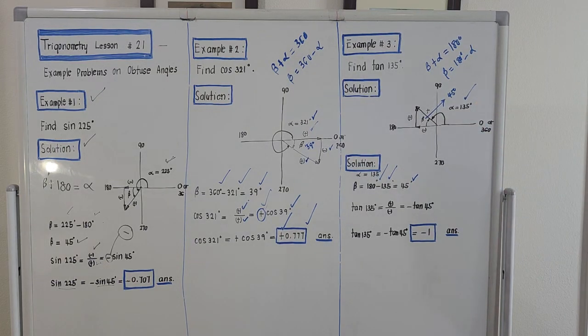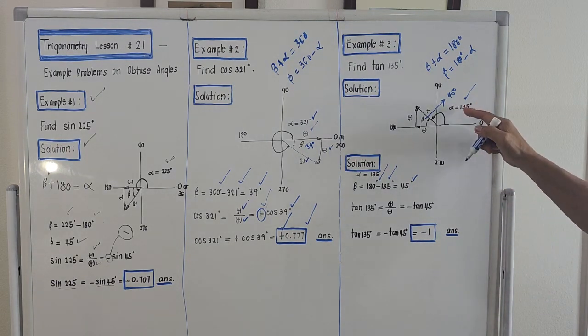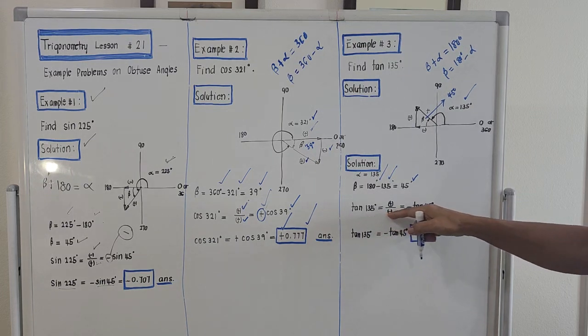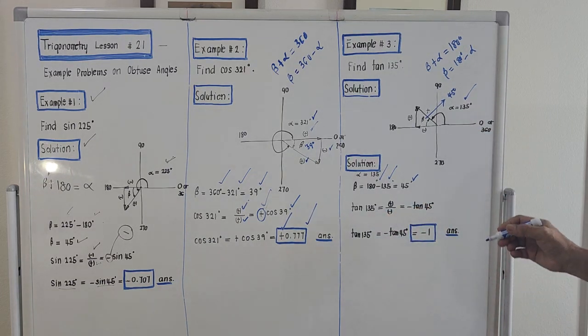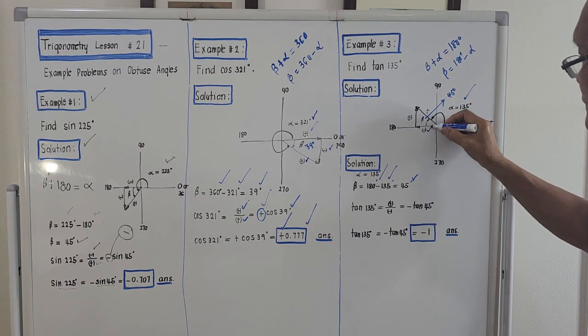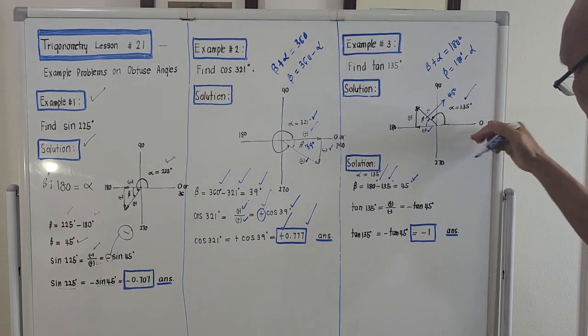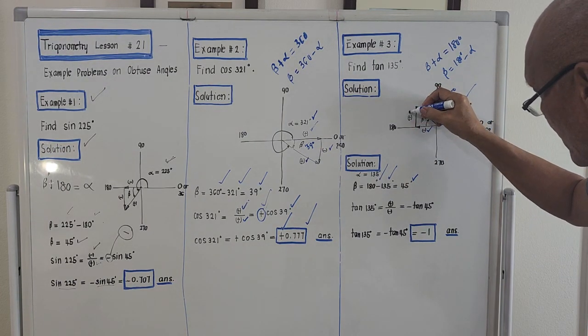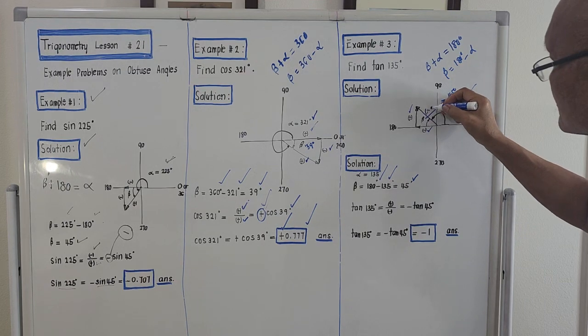So if we now try to take the tangent of this, tangent of 135 degrees, let's try to bring out the proper sign. This horizontal component is minus. This vertical component is above the 0 and 180, so this should be plus. The hypotenuse is always a plus.